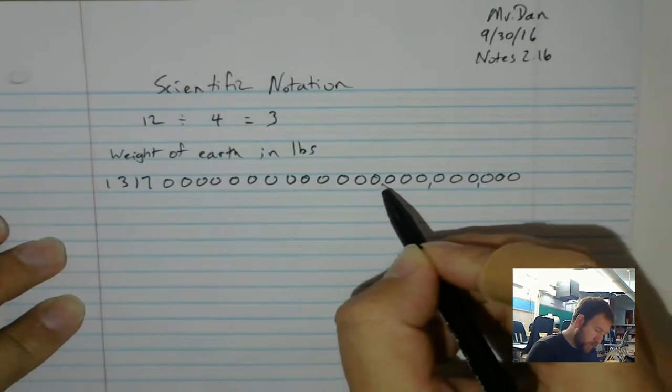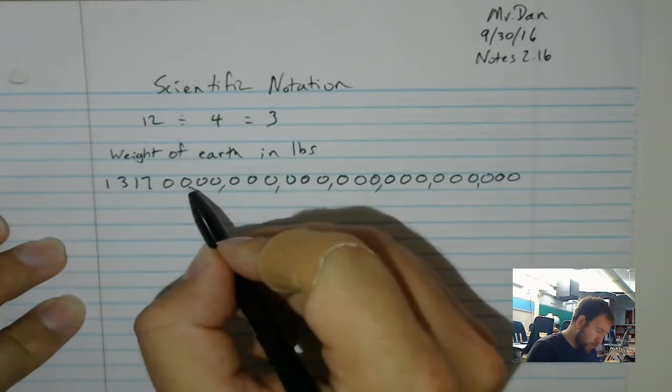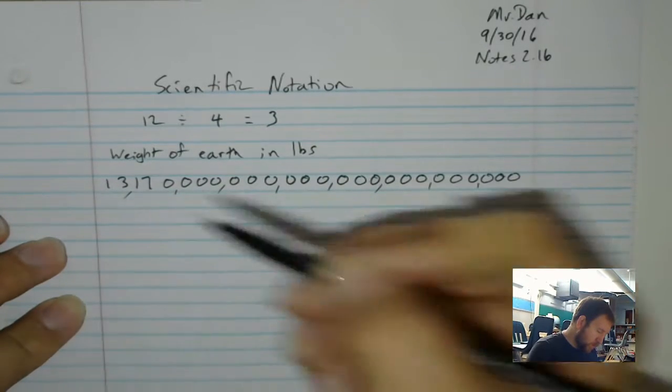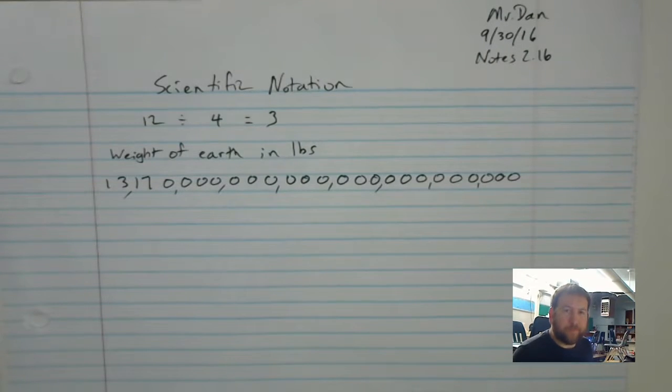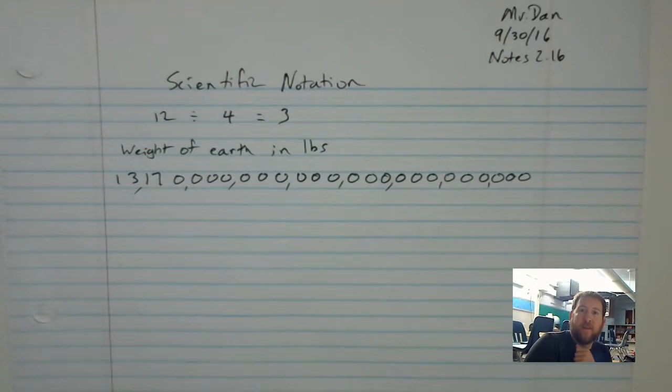And if I had to do every time I was doing a calculation, I had to first write this out like this on my paper before I could even start, it would be impossible. It would take forever to do any real math.